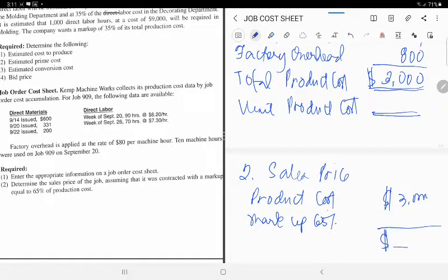This will be our sales price. 65% of 3,000 is almost 1.5 times... how much? Okay, correct, 1,950. So your sales price here will be 4,950. So that's how we prepare a job cost sheet.